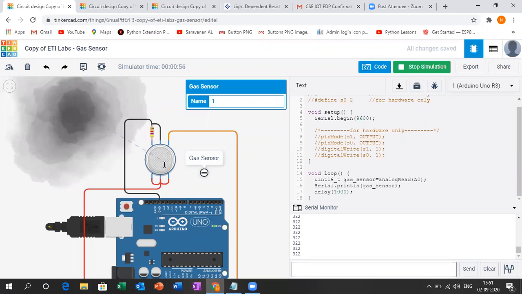So we can use this type of sensor as an application to detect gas leakage or any mishappening with gases. Some gases are very dangerous for us, so we need to check whether that gas is there or not. It can be used as an indicator for any gas area, industrial area.